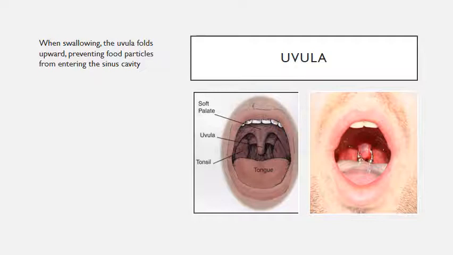Once you swallow, you've got this flap in the back of your throat called a uvula. This is one of the best words ever, the uvula. That uvula, when you're swallowing, folds upwards. And what it does is it prevents food and liquids from going up into your nasal cavity.